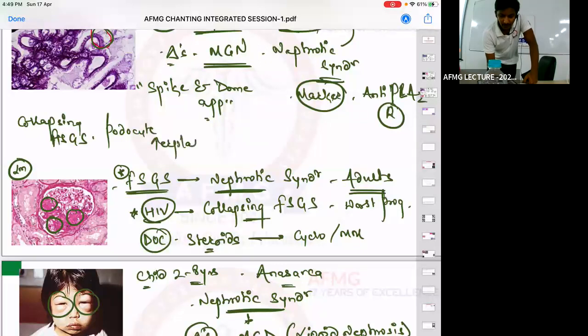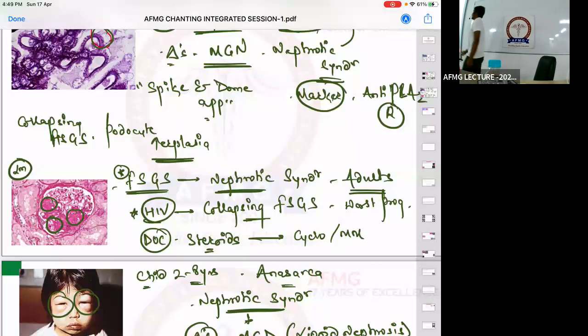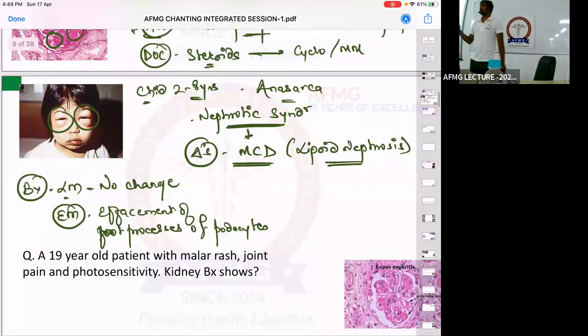Podocyte hyperplasia is seen in this form, and effacement of foot processes of podocytes on electron microscopy is seen in minimal change disease. Light microscopy is normal, therefore it is called nil lesion disease or minimal change disease. It is also called lipoid nephrosis because there would be lipid droplets in the urine, lipiduria.